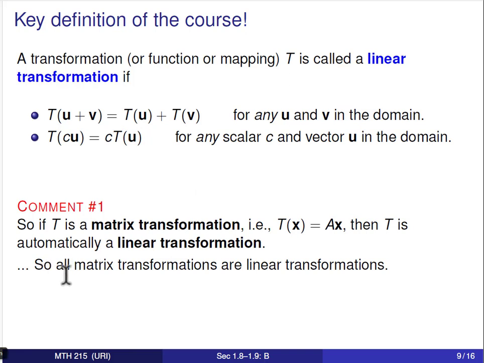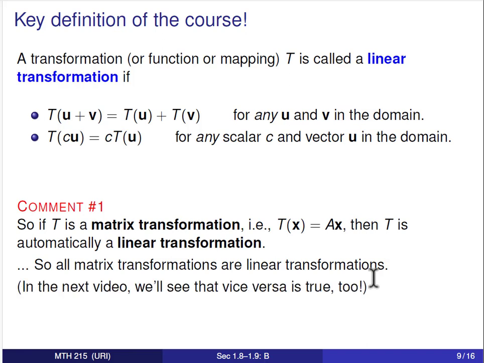So every matrix transformation is a linear transformation. Now, what's interesting, in the next video, part C, we're going to see that the vice versa is true too, that every linear transformation can be thought of as a matrix transformation if you think about it in the right way. So we have that to look forward to.